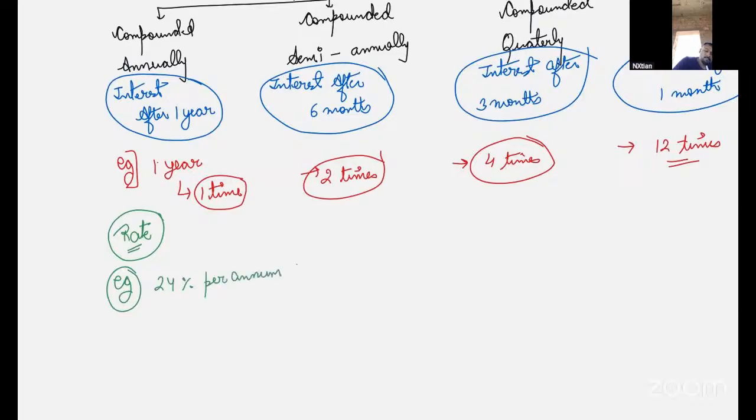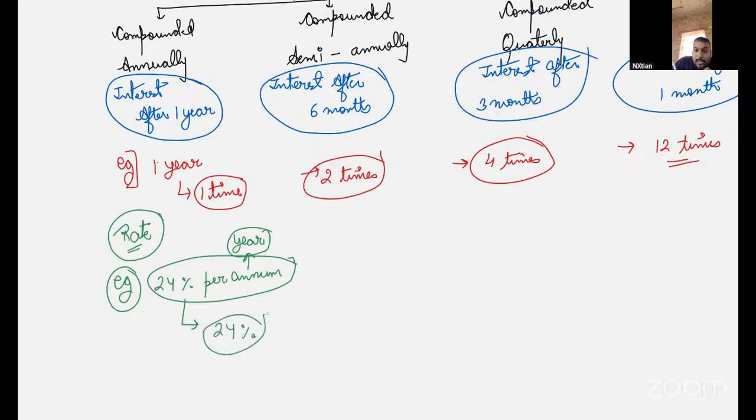Per annum means per year. If I am calculating compounded annually, that 24% will be 24% only. Why? Because we are calculating it for the whole year, with interest only one time.